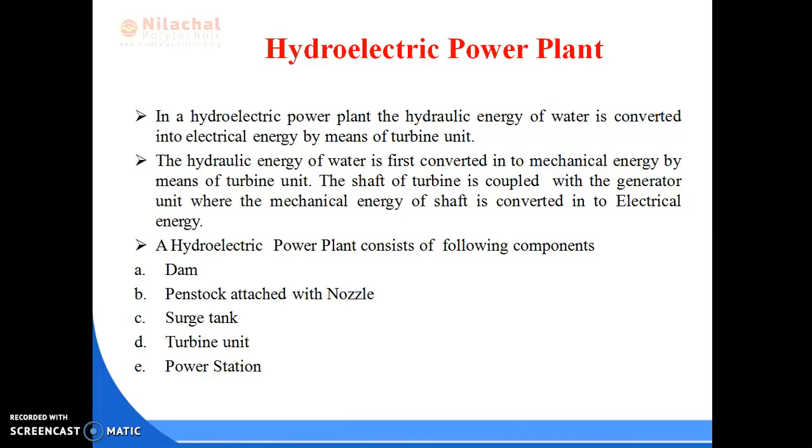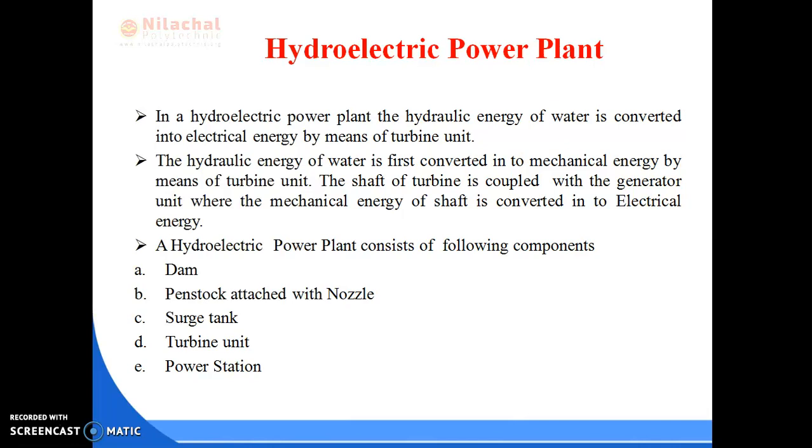There the water energy is converted into mechanical energy at the outlet shaft of the turbine unit. The shaft of the turbine unit is coupled with the generator unit, so the mechanical power obtained from the turbine shaft is converted into electrical energy by the generator. This electrical energy is provided to the substation for supply to the population.